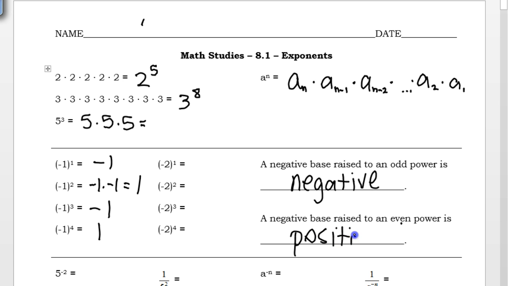We're going to check that again with the next set. Negative 2 to the 1 is negative 2. Negative 2 to the 2 is a positive 4. Negative 2 to the 3 is a negative 8. And negative 2 to the 4 is a positive 16.